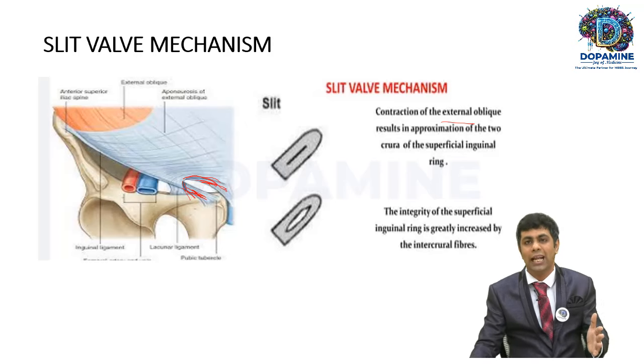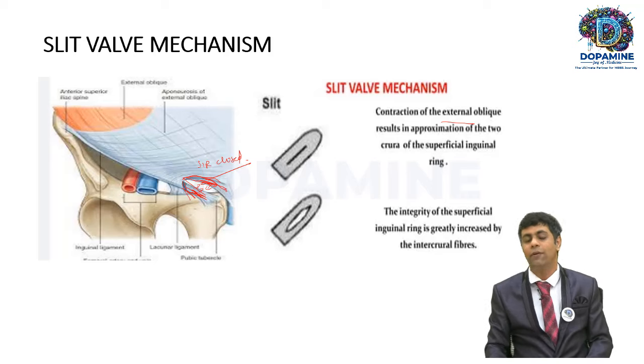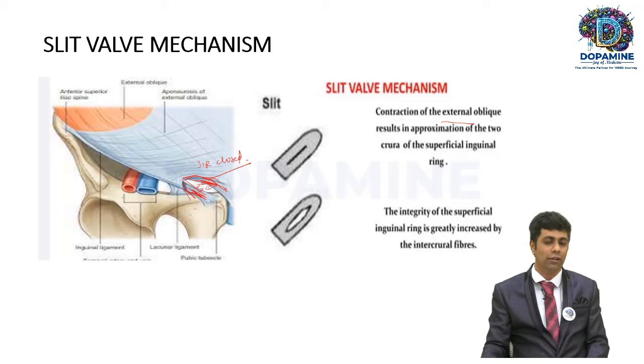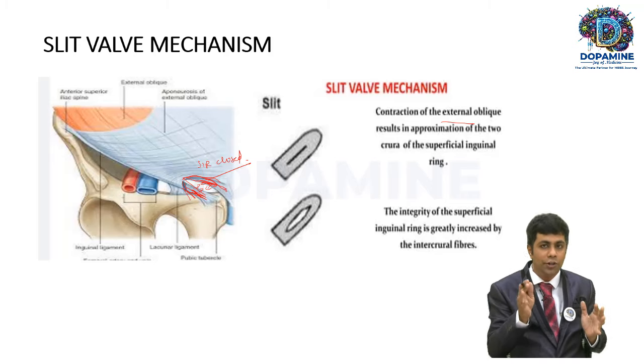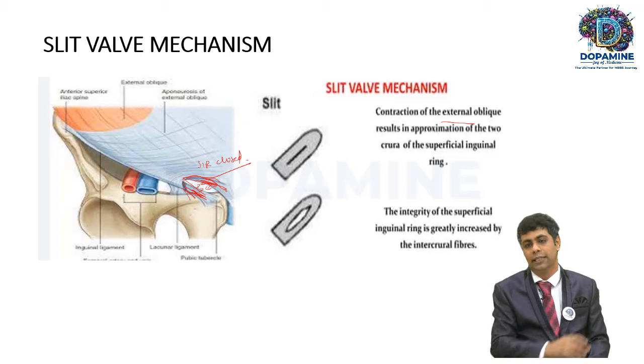So during contraction, when we increase intra-abdominal pressure, the medial and the lateral crura will be approximated in such a way that the superficial inguinal ring will be closed. So this is called the slit valve mechanism done by the external oblique muscle. So each of the muscles contributes in preventing the inguinal hernia. Clear?